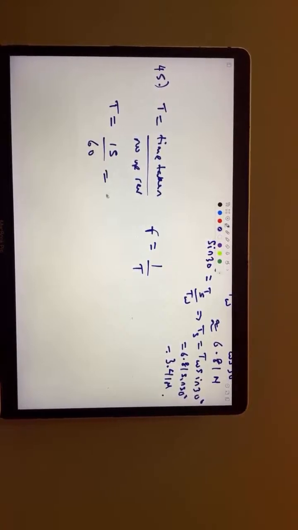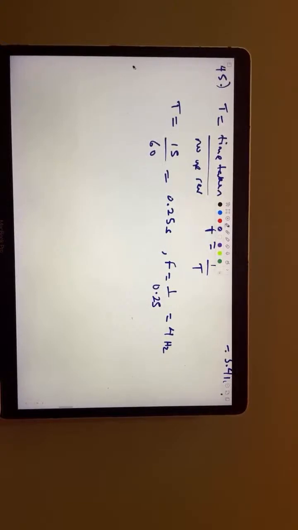How many revolutions? 60 revolutions. So you have 15 divided by 60. That's 0.25, so the period is 0.25 seconds. The frequency will now be 1 over 0.25, which is 4 hertz. That question is very, very straightforward.